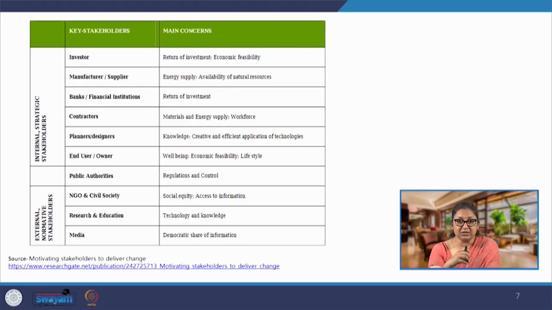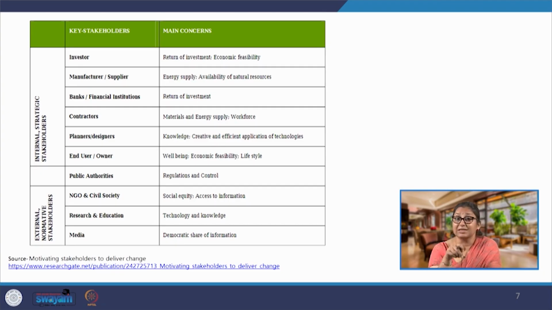Now, each of these stakeholders, they have different aims, they have different key concerns, and if we understand that, we will clearly be able to understand the scope 1 and 2 and 3, how the emission for each company, each stakeholder will be delineated. So, for example, the investor has the concern only on return of investment, while the banks or financial institutions, they also have a concern on return of investment. But the manufacturer or supplier, his main concern is energy supply and availability of natural resources.